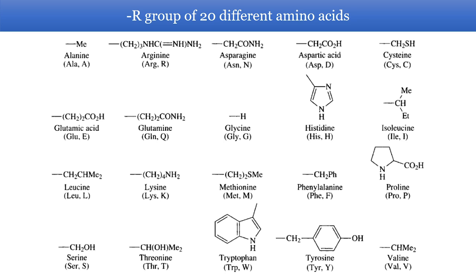Maybe you are given the name of an amino acid and asked what the structure of that particular amino acid is, and you are given four options, and from there you have to pick one. That is why remembering the structures of these amino acids is very, very important.